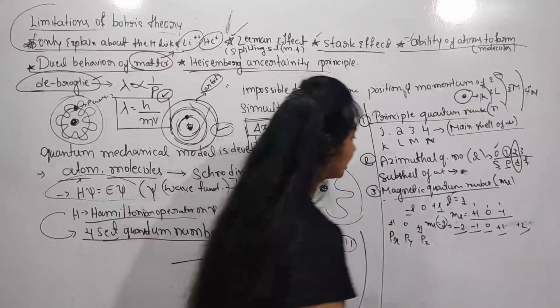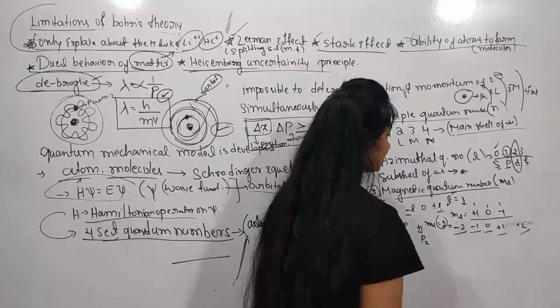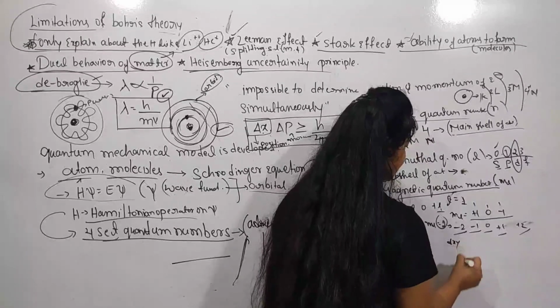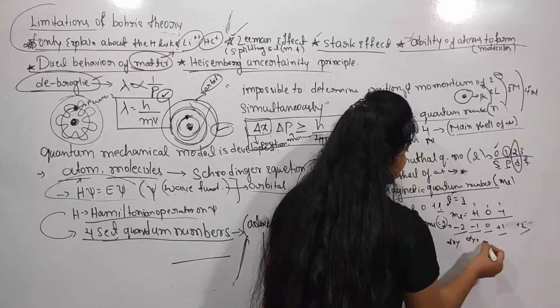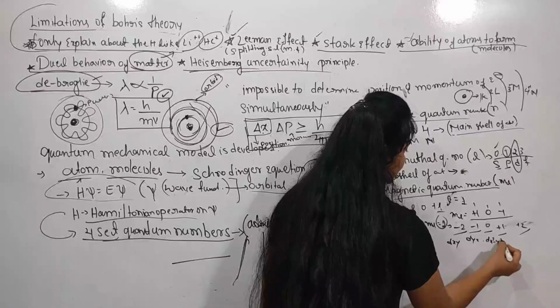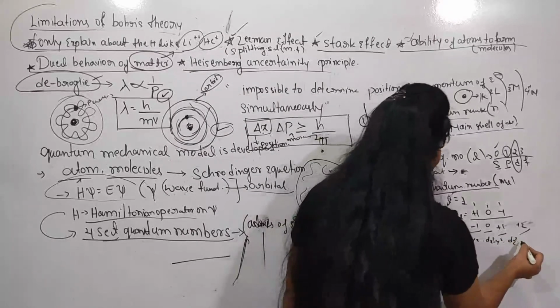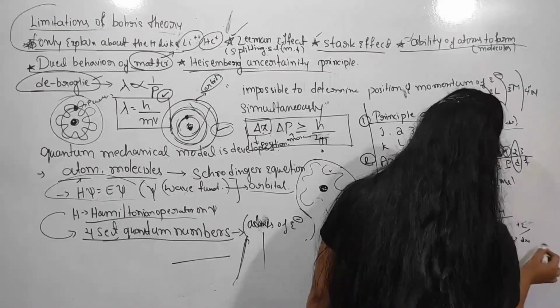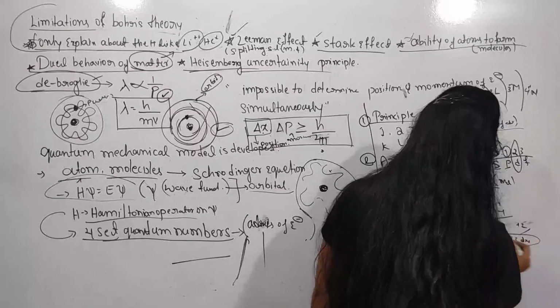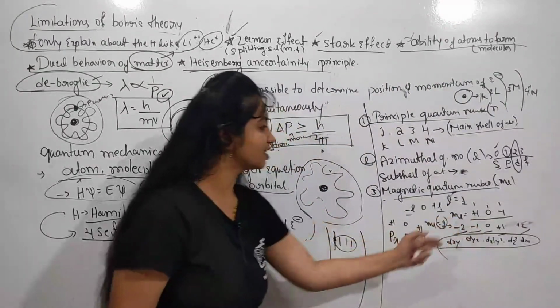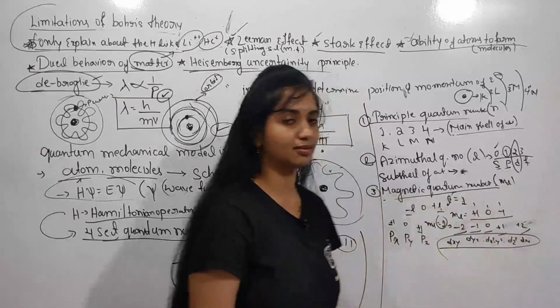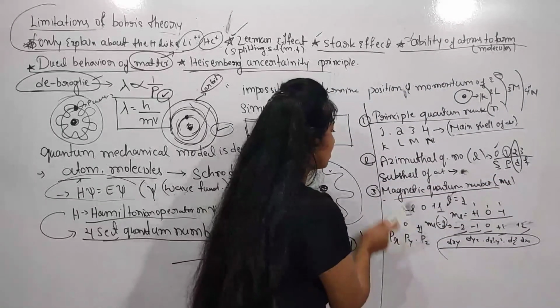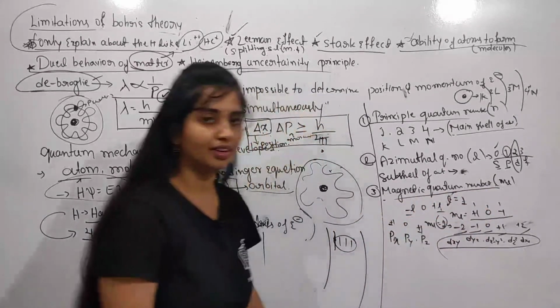The d subshell has 5 types of orbitals: dxy, dyz, dx² minus y², dz², and dxz. So like this we have 5 types of orbitals in the d subshell. So this tells about the magnetic quantum number.